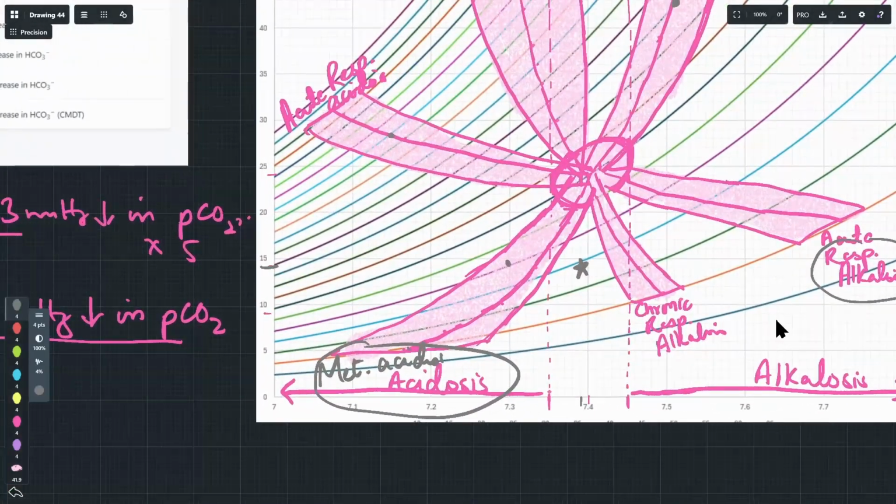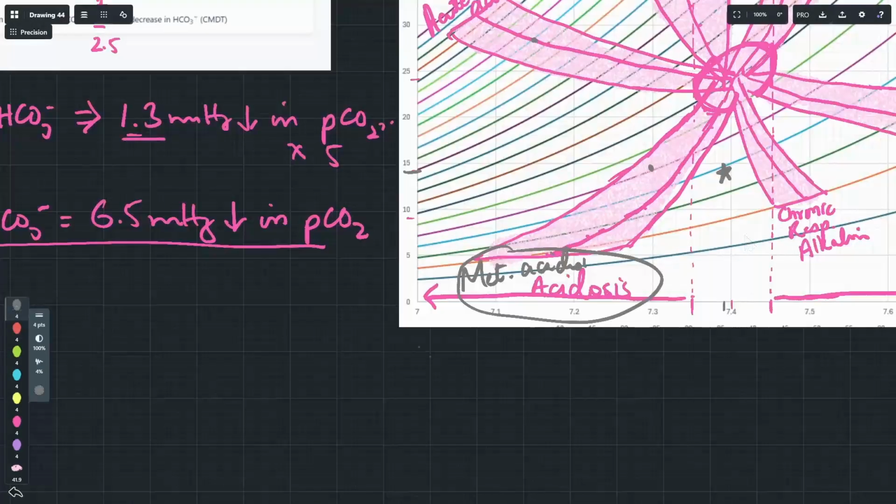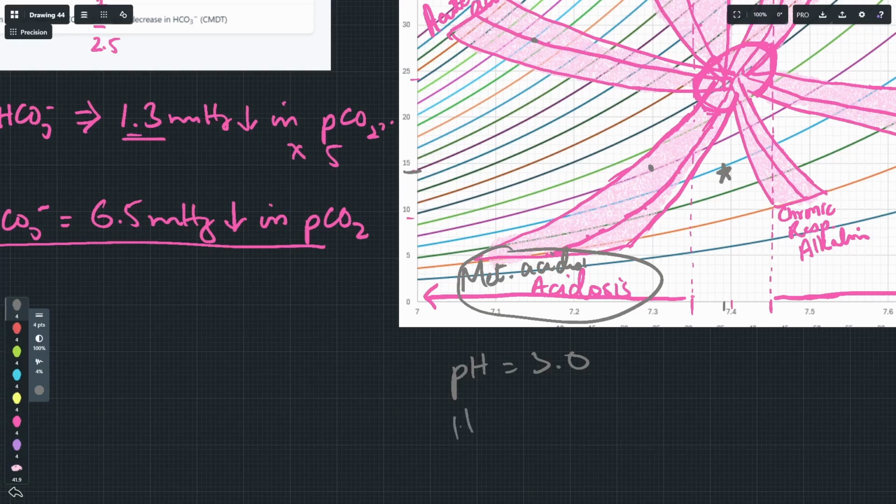So next, if I go to another scenario, let me write it for you. pH is 7.3 and HCO3 is 18, and the third is PaCO2 or PCO2, that is 38.